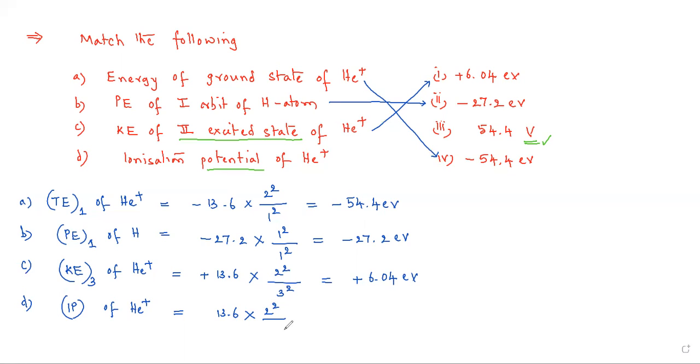N will always be 1 because you'll be removing it from the ground state. Whenever I say ionization, that will be from ground state only. So you can just simplify this and you'll get the answer as 54.4 volt. Okay. This is about match the following. So the last one can be given as this one. This is a basic one to start with.